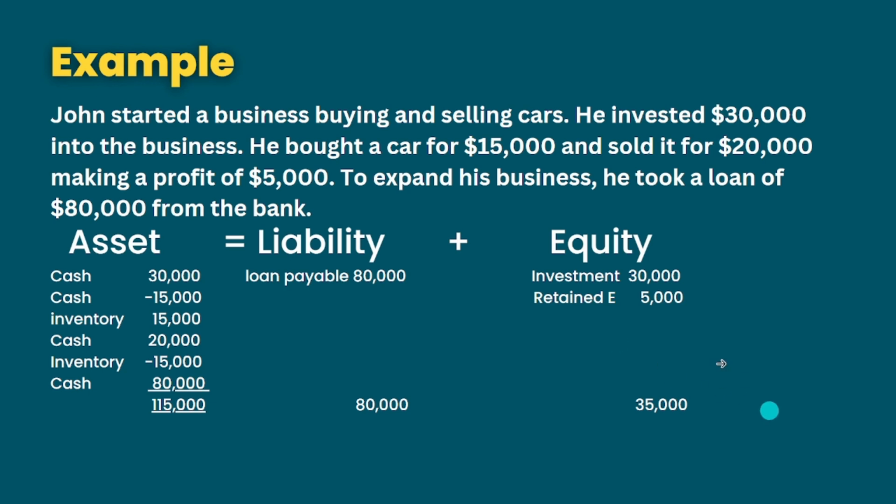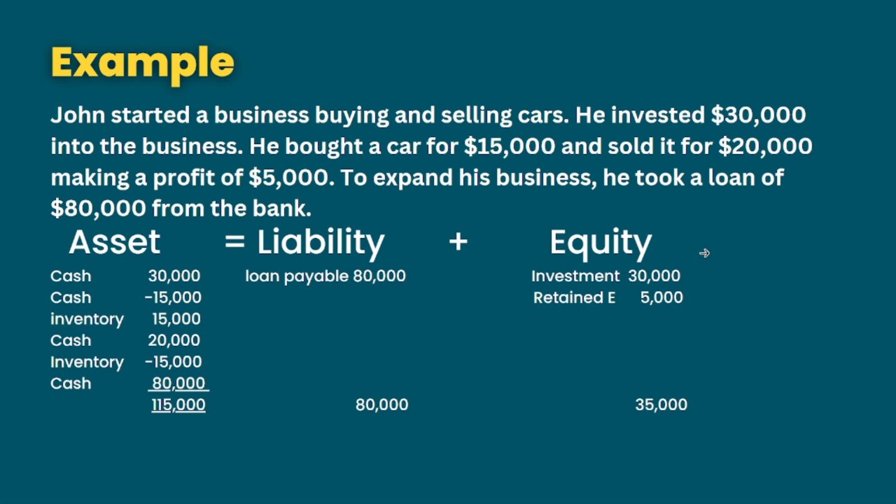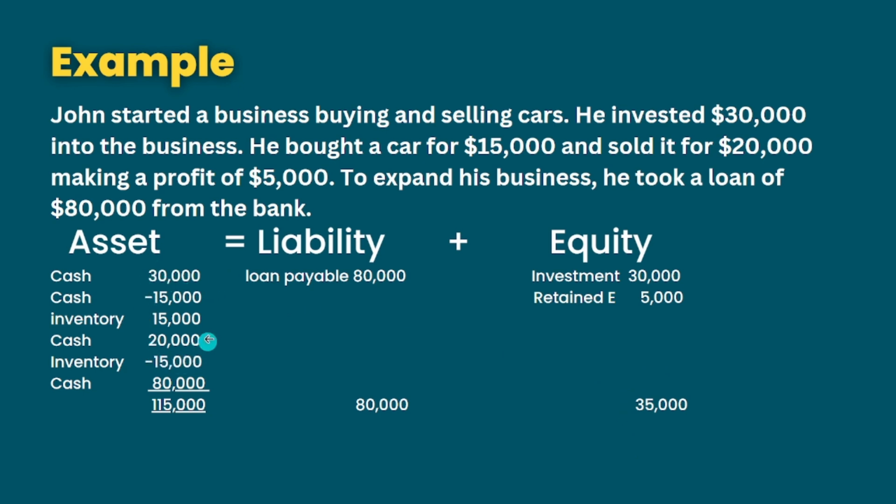So retained earnings simply is equal to the net result of the company, like the net profit or the net loss. So in this case, we add the 5,000 to the 30,000 to get 35. And when we sum all this together, it is 35. So that means the equation is balancing.